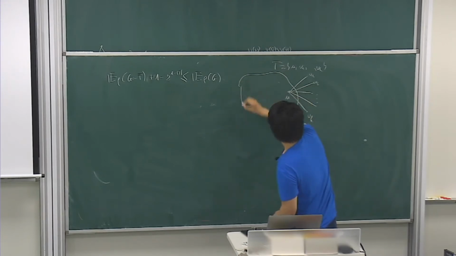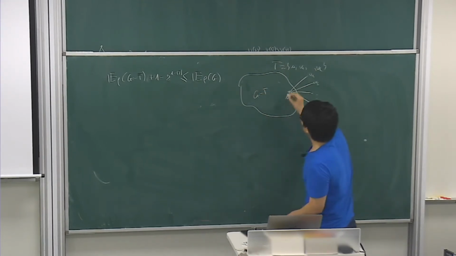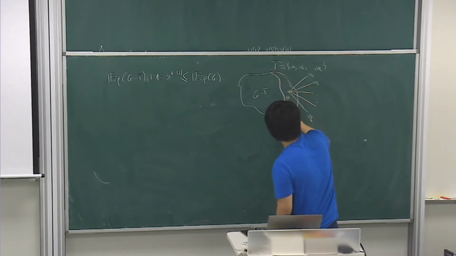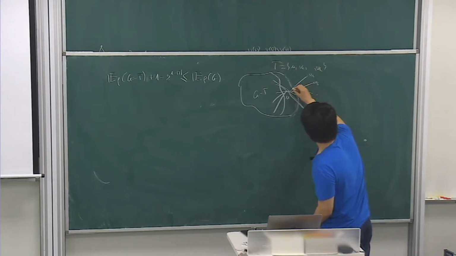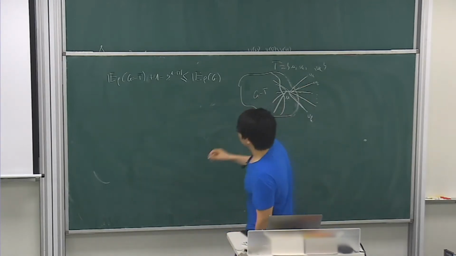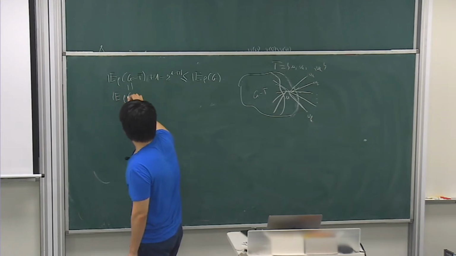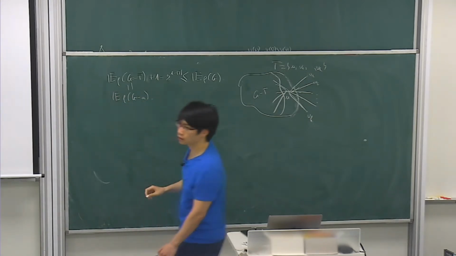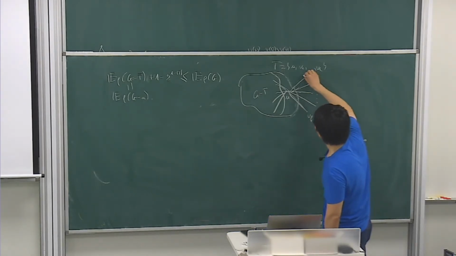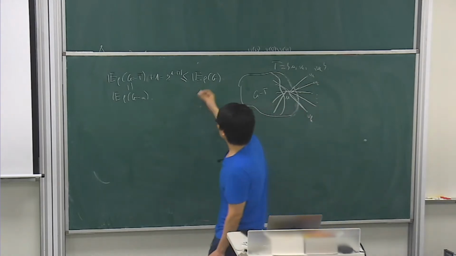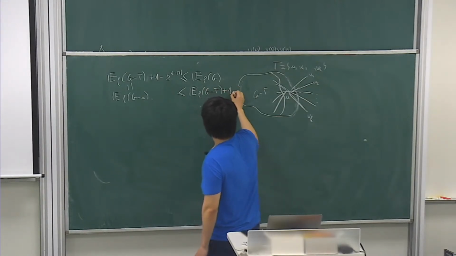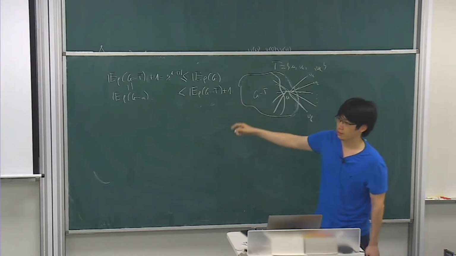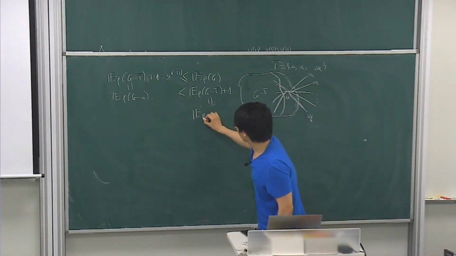And the rest here is G minus T. As you can see, this G minus T is actually equal to G minus U, because we are left with the isolated vertices if we delete U. So basically, we also have this inequality because it is equal to G minus U.